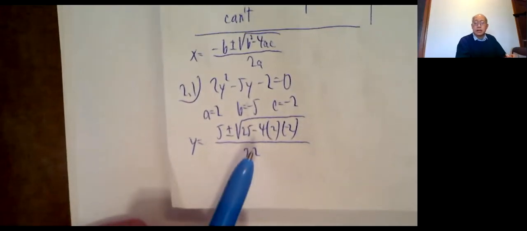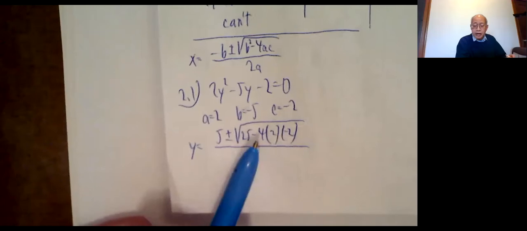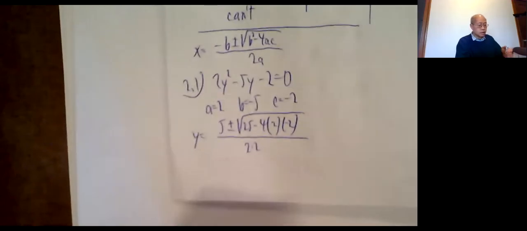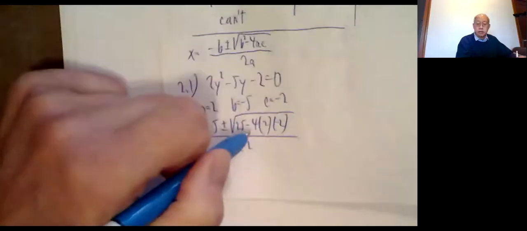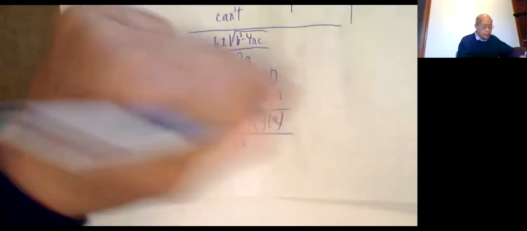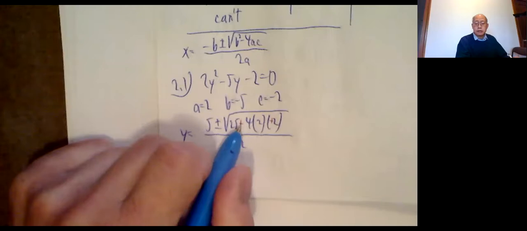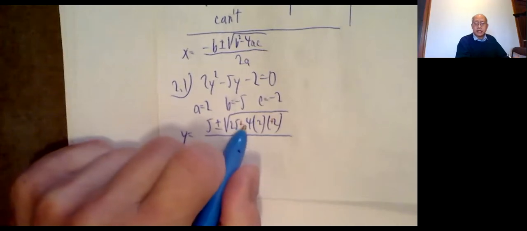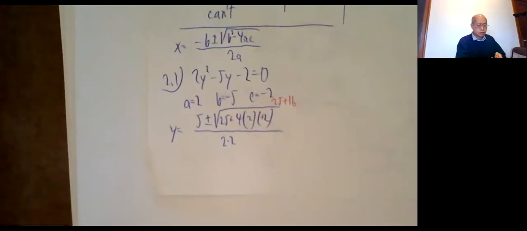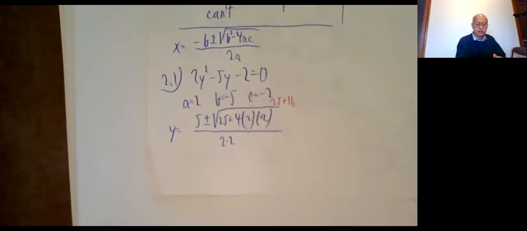This is a double negative, right? Negative times a positive times a negative. So that whole thing's positive. So I'm going to change it to a plus. That's a plus, and that's a plus, right? So it's 25 plus 4 times 2 times 2 is 16. 25 plus 16, which is 41.